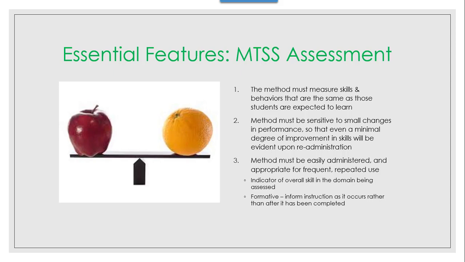So I love to tell the story early in the days of RTI where I was in a meeting and the teacher said to me, well, I gave the child the DIBELS and the child never got any better. It didn't matter what I did, the child didn't improve.